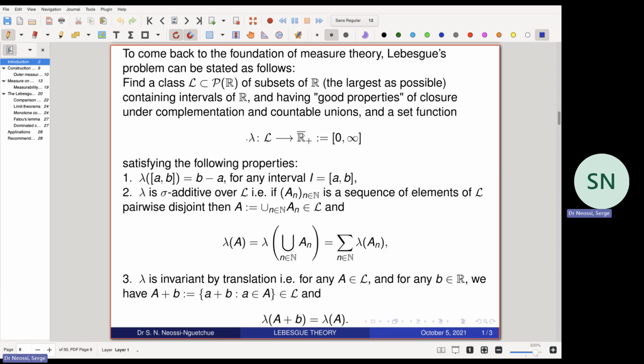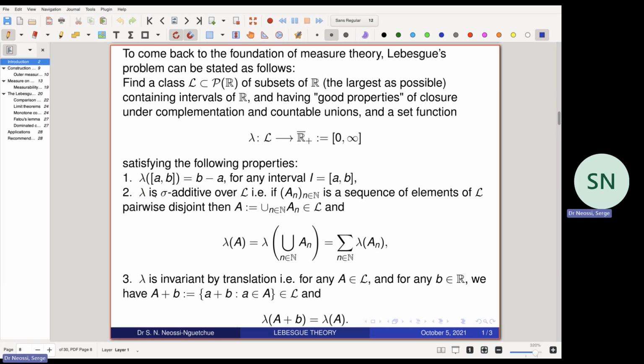So the first property that lambda should satisfy is that lambda of the closed interval [a,b] should be equal to b minus a, which is actually the length of the closed interval [a,b]. And this should hold for any interval I equal to the closed interval [a,b].